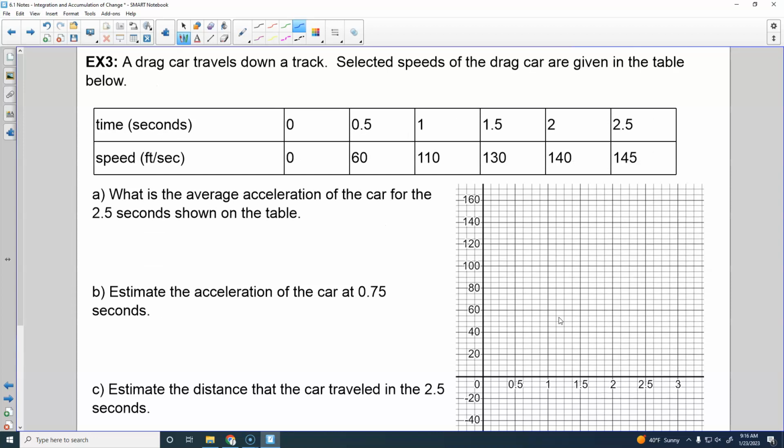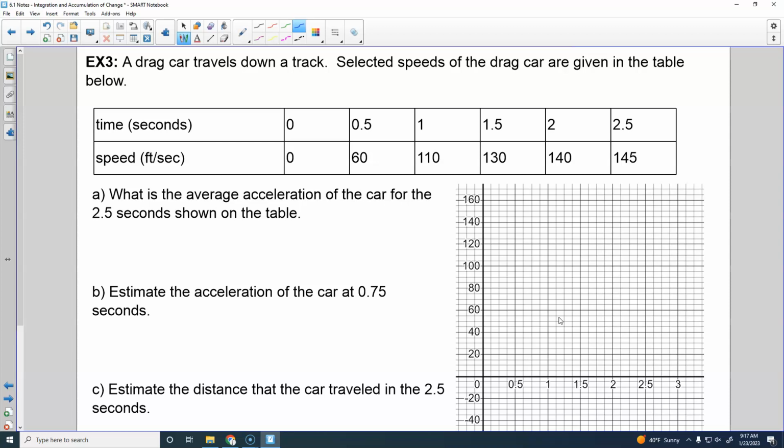All right, so first of all, it asked me for average acceleration of the car for the 2.5 seconds. So, what is acceleration? It is our derivative of velocity.